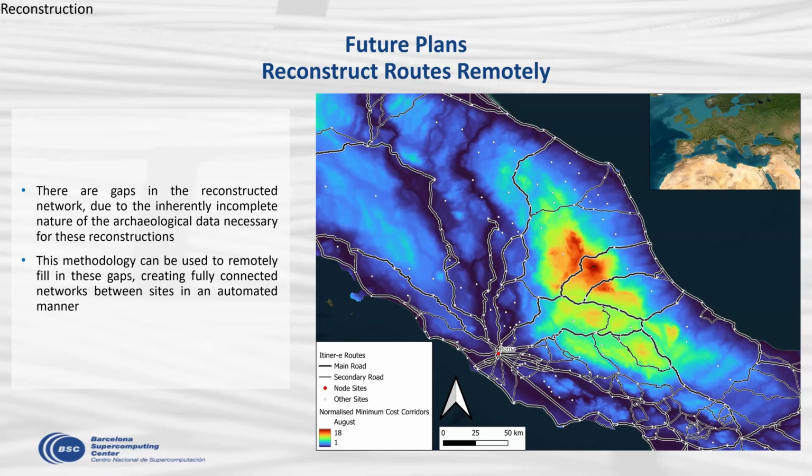It's not the same to go by mule or in a cart or in a ship, or which type of ship, or through the river. Rivers are very clear cases in which you need directionality. If you go up river, it's going to be costly. If you go down river, it's going to cost much less. So this directionality will be added once we have created a network out of it, which is when we'll be able to do other types of analysis.